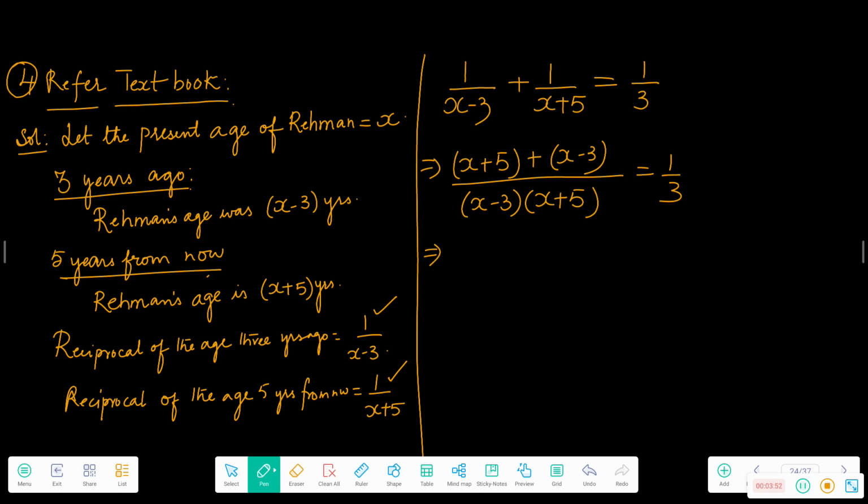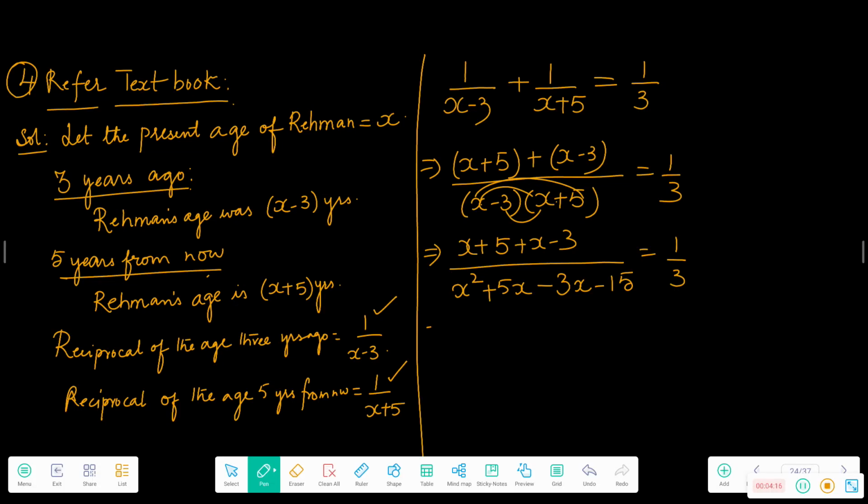So we will get x plus 5 plus x minus 3 divided by x into x, x square, plus x into 5, 5x, minus 3 into x, 3x, minus into plus, minus 15, is equal to 1 by 3.